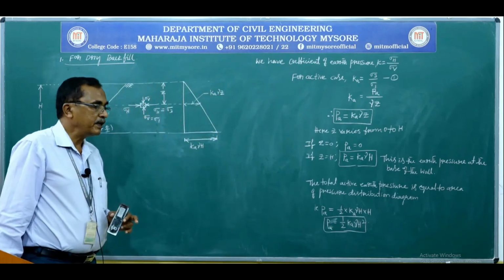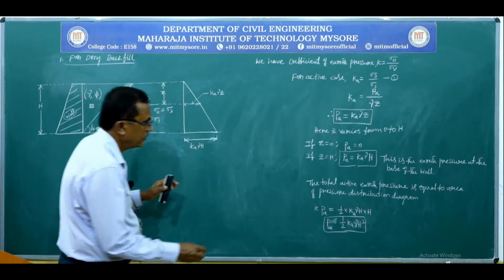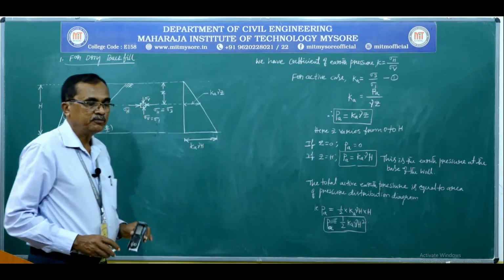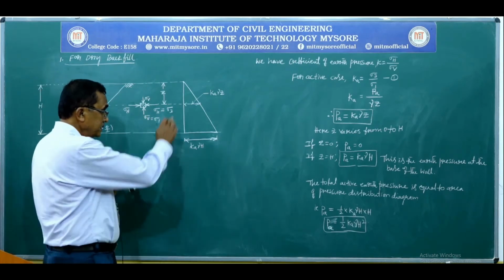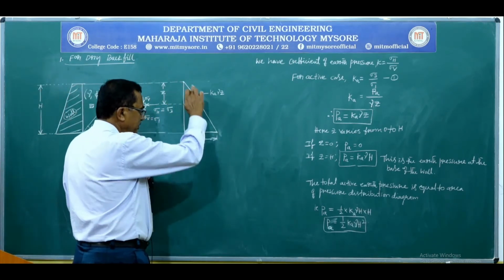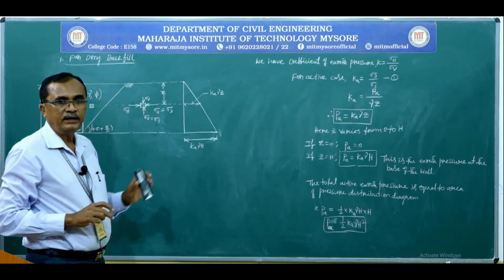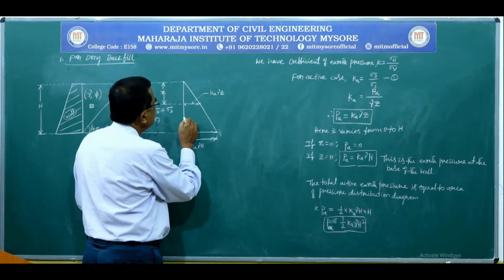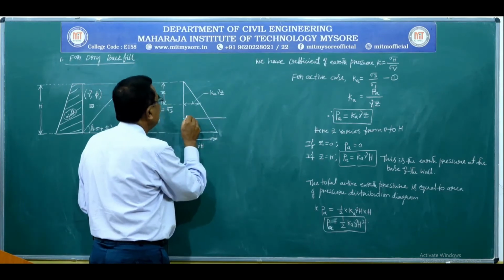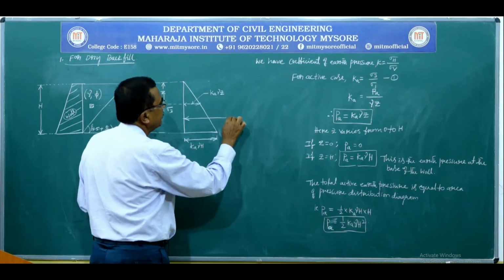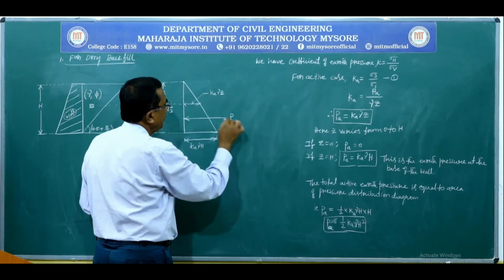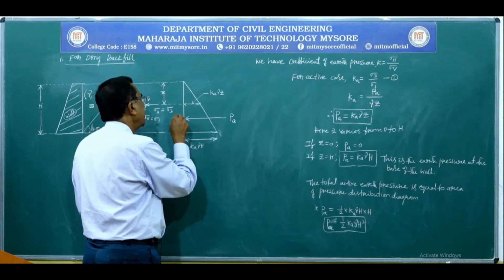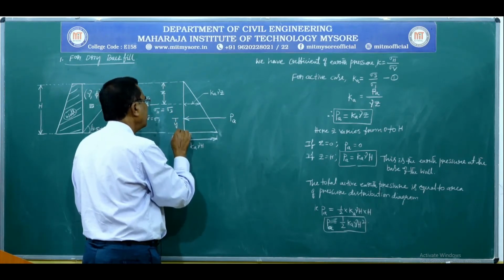So knowing the magnitude of total active earth pressure, we can easily locate the position of the active earth pressure. As the pressure distribution diagram is a triangle, we can easily locate the point of application of this PA. We can measure the position of PA with respect to the base or apex. Let this PA act at a height of y from the base.